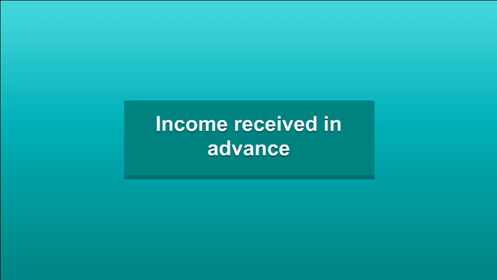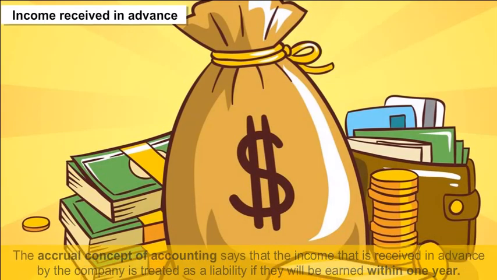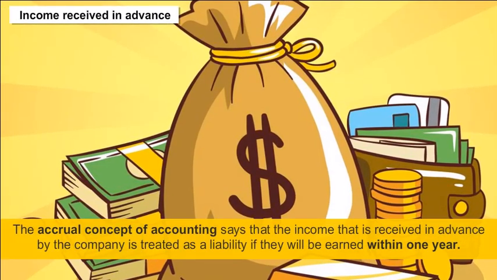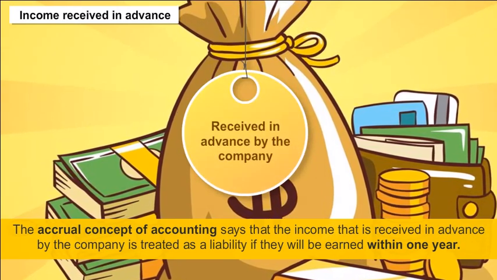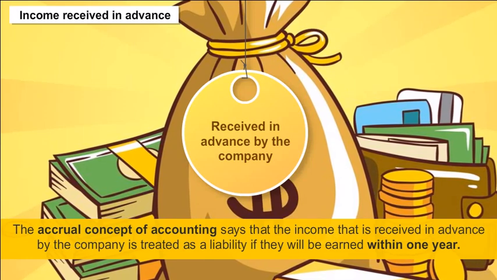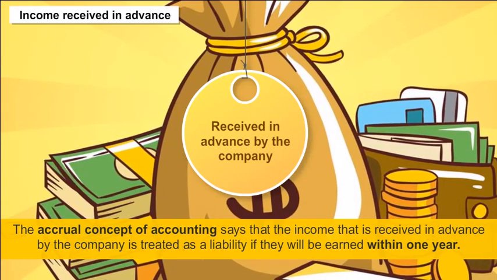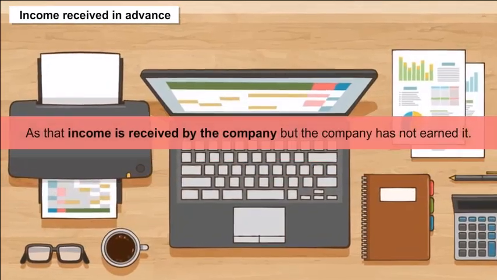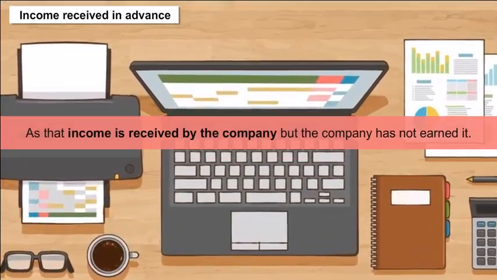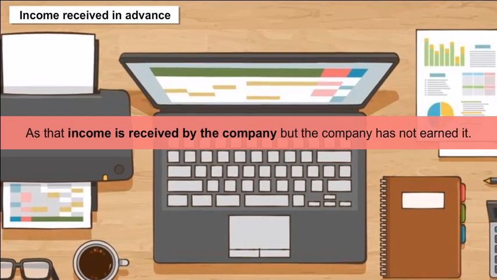Income received in advance. The accrual concept of accounting says that the income received in advance by the company is treated as a liability if it will be earned within 1 year, as that income is received by the company but the company has not earned it.